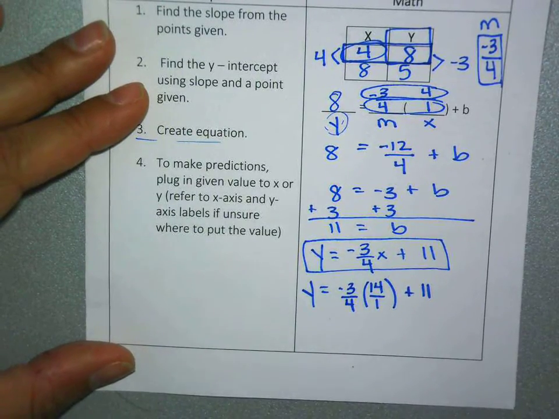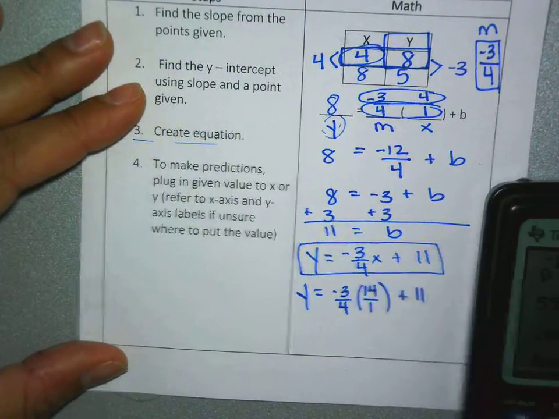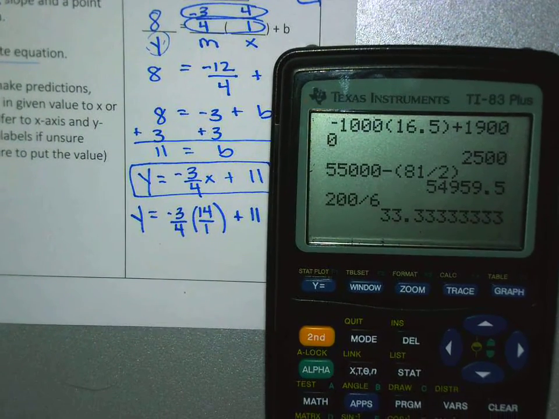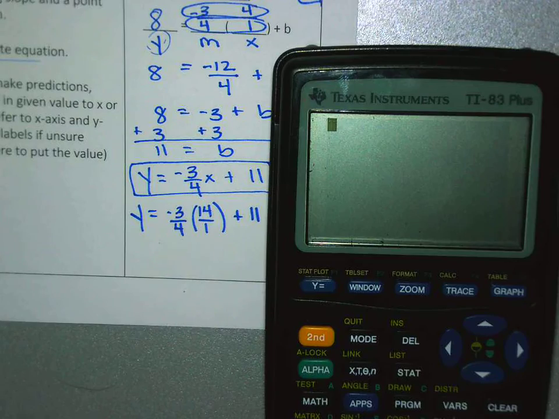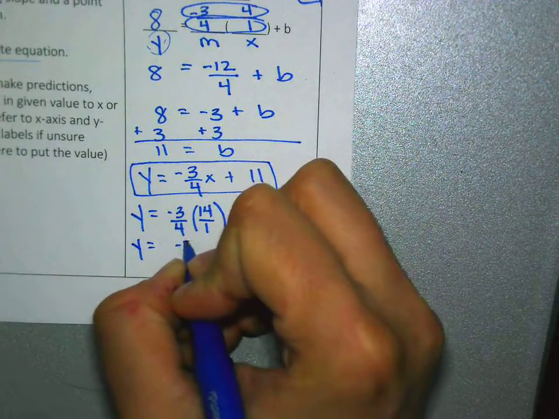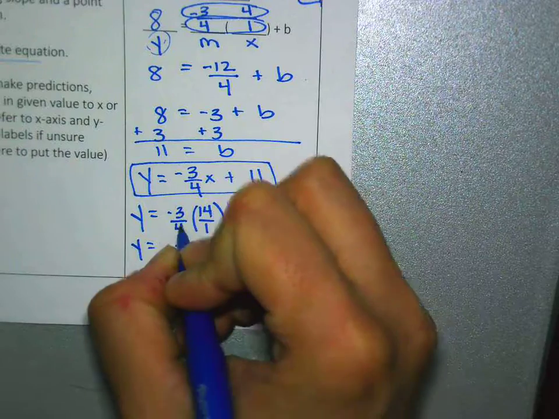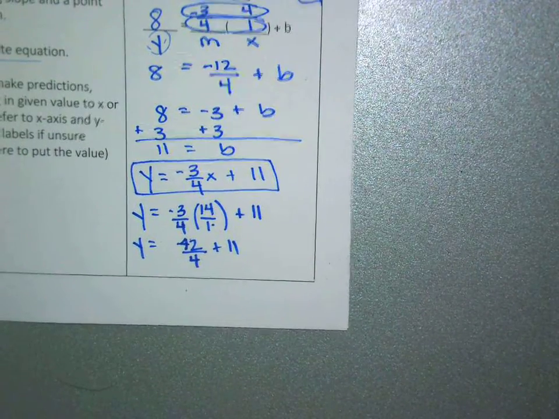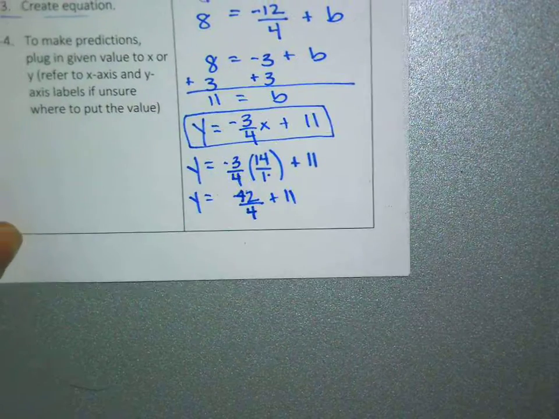So I'm going to put this in my calculator because 3 times 14 is a pretty big number. So we have negative 3 times 14, which gives us negative 42. Four times 1 is 4, plus 11. And then I'm going to use my calculator again to divide.